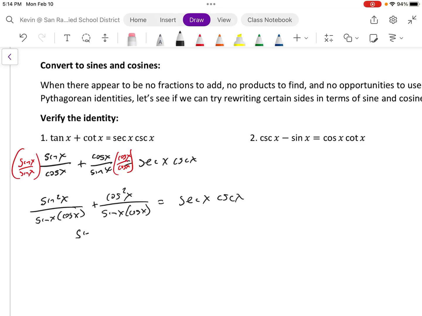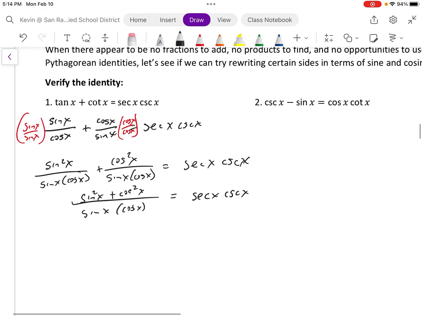We have sine squared x plus cosine squared x all over sine x times cosine x equals secant x cosecant x. All right, sine squared x plus cosine squared x equals 1. So we have 1 over sine x cosine x equals secant x cosecant x.